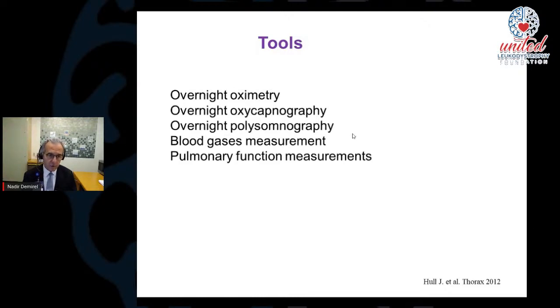You should also understand the limitation of blood gas measurements, because it measures only one spot in time. However, the overnight measurements are recorded over the whole night.